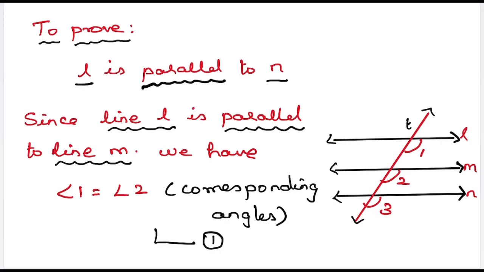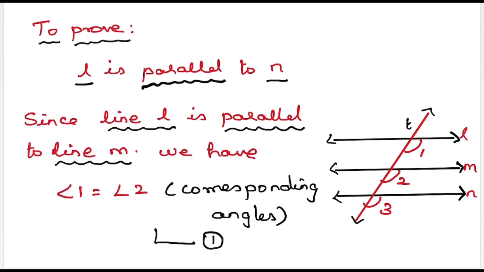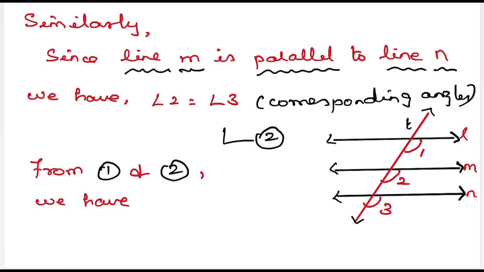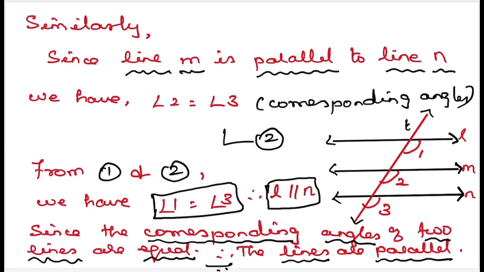Similarly, take lines M and N with transversal T. Since line M is parallel to line N, we have angle 2 is equal to angle 3 because they are corresponding angles. So from 1 and 2, we have angle 1 is equal to angle 3. Therefore, L is parallel to N, since the corresponding angles of two lines are equal. Therefore, the lines are parallel.